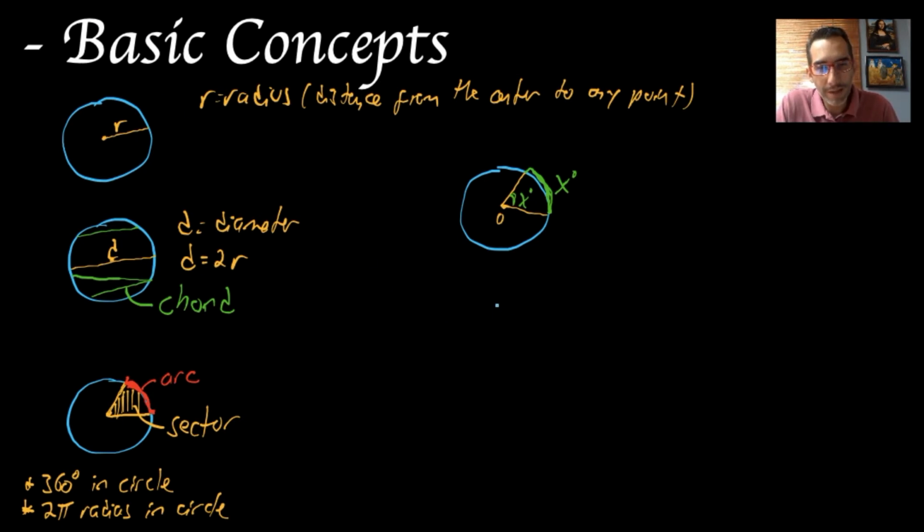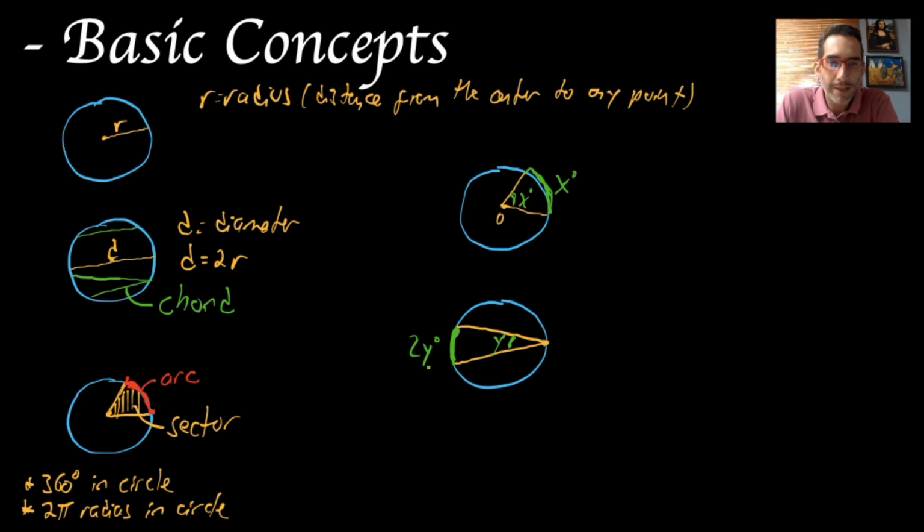Now, there is a special case. Let's say that we have a sector, but the vertex is not on the center. Let's say that the vertex is on one point of the circle. So let's say that this right here will be my vertex, and here I define this sector. The measure of the angle defined by the sector, let's say this is y degrees, has a relationship with the arc that it describes, from here to here: this arc will be double that measure in degrees.